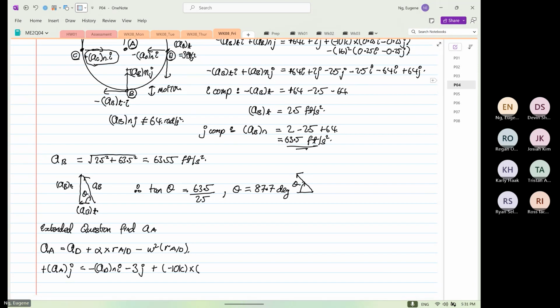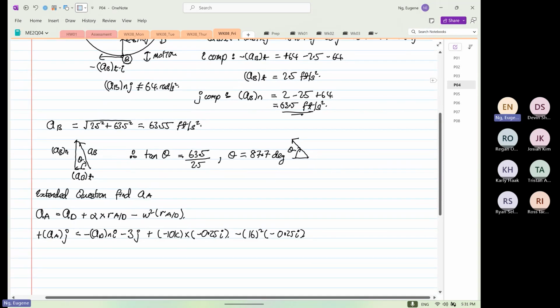cross r, D to A, D is the reference, minus 0.25 I. Minus omega squared, omega is 16, squared, multiplied by minus 0.25 I. Okay, yes, we are good.